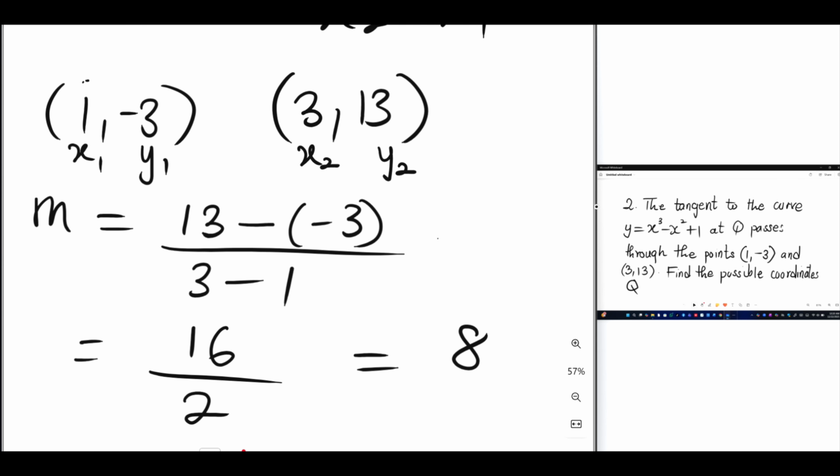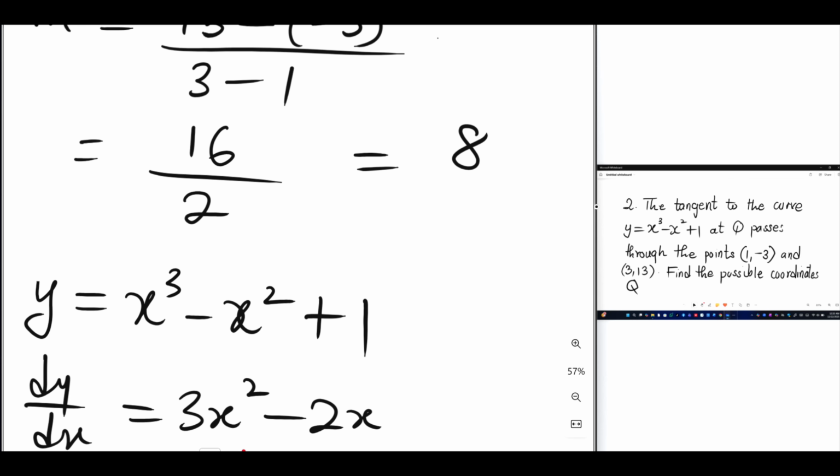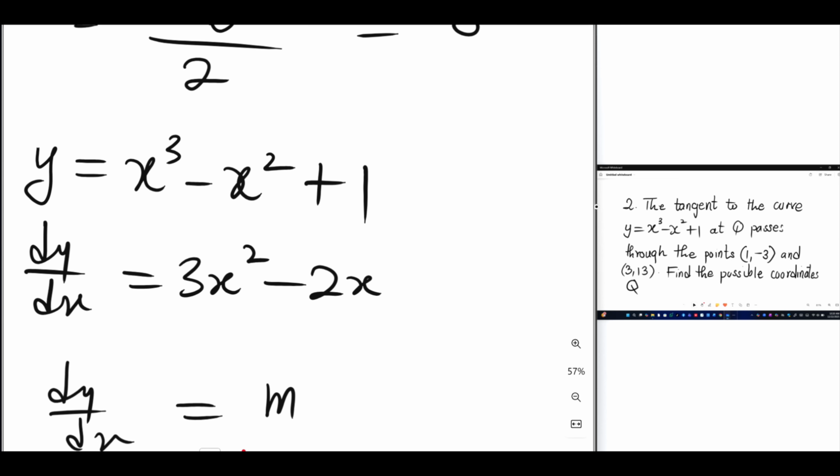Now, since the tangent touches the curve at point Q, the tangent must have the same gradient as the curve at the given point, which is the point Q. So we need to find the gradient of the curve as well and equate it to the gradient of the tangent, because at that particular point the gradients are equal.